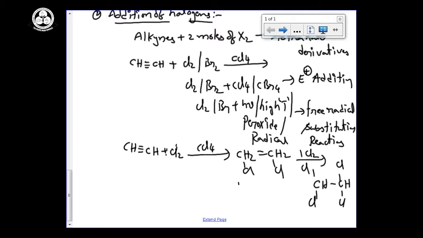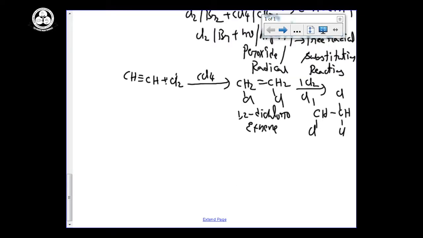The name of this one is 1,2-dichloroethene, and the name of this one is 1,1,2,2-tetrachloroethane. So like this we can get the tetrahalogen derivatives.